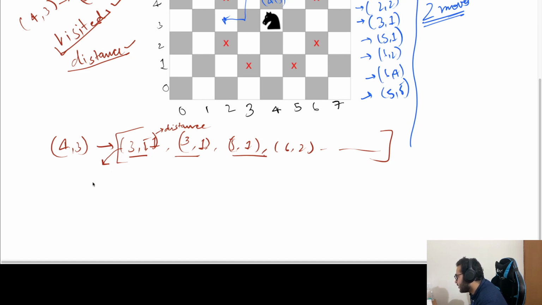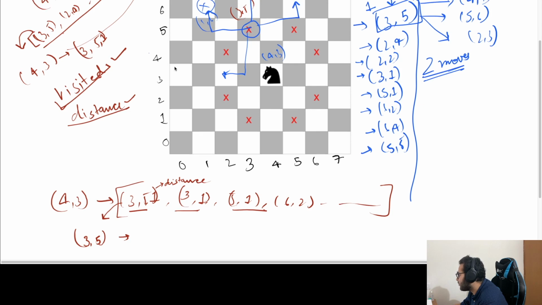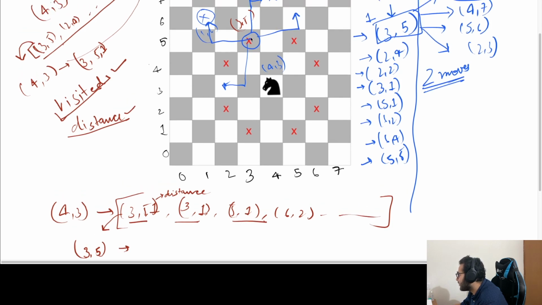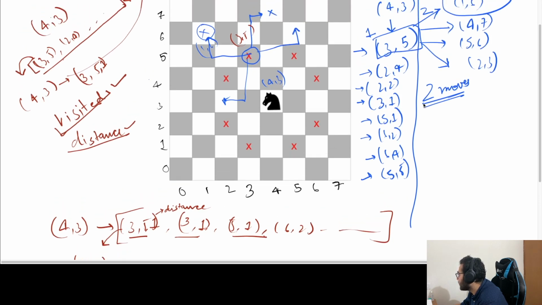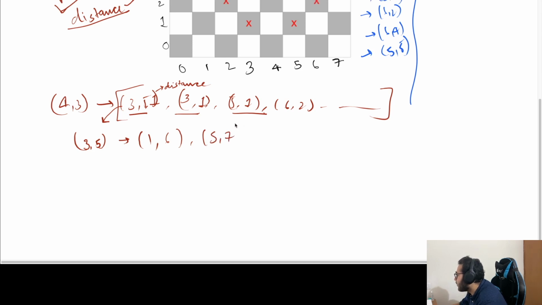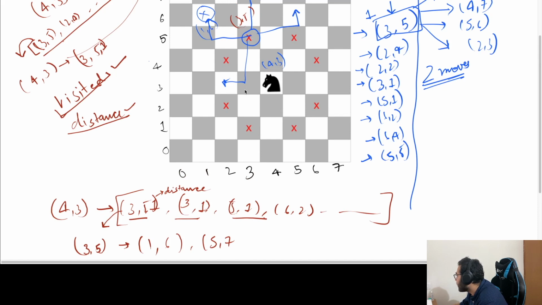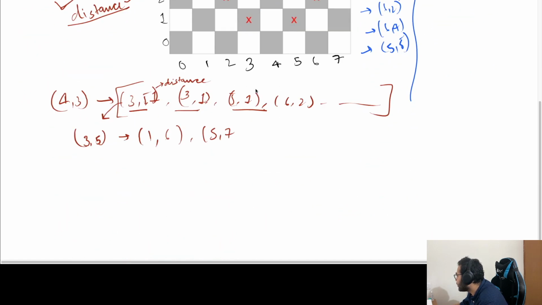Now let's take out 3 comma 5 and see all the neighbors we can go to from 3 comma 5 in valid moves. The valid moves we'll have are 1 comma 6, 5 comma 6, 4 comma 7, 2 comma 3, 5 comma 7.